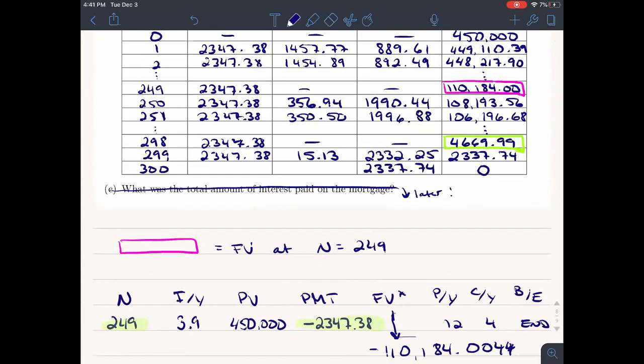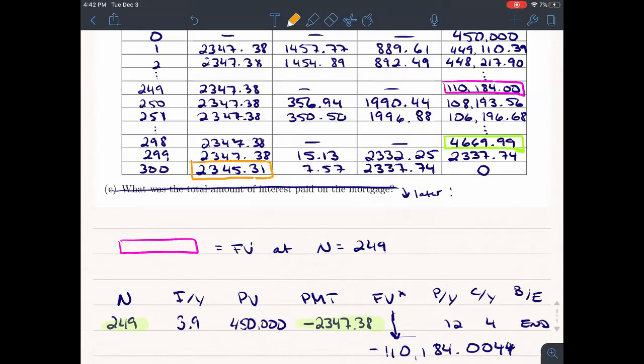So 2337.74 times recall 1, so I2, is 7.57. I have to pay interest and I have to pay off that principal. So when I add them up, 7.57 plus 2337.74, I get a total of 2,345.31.